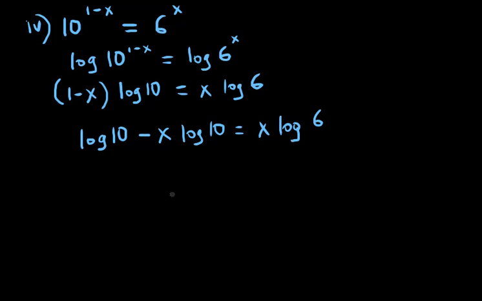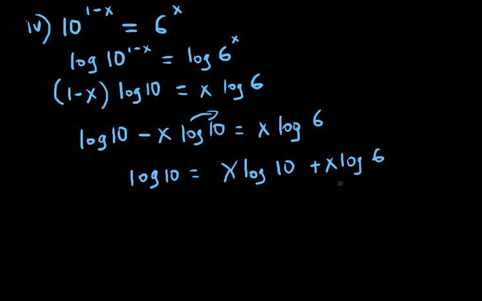And then from there we can send this to that side. So this will be log 10 is equal to x log 10 plus x log 6. And then we can factorize that.